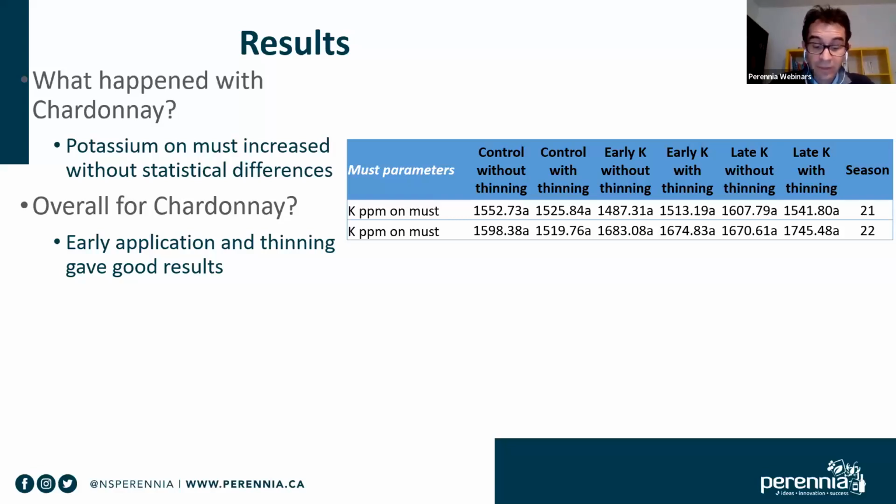In the thinning trial, the values were around 3.6, 3.7 kg per plant. On the other hand, for Chardonnay, no thinning was around 2.4 kg and thinning 2.3 kg. I'm saying this very generally, not comparing each treatment, just to give you an idea of what we can expect with thinning and no thinning.